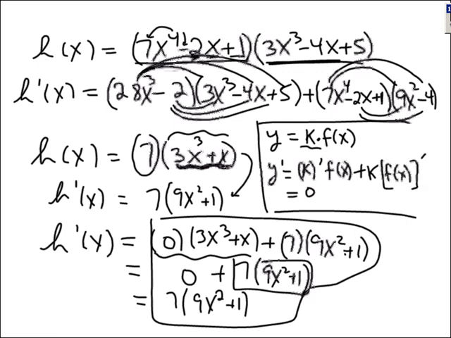The derivative of k is 0 times f of x, that's 0, plus k times f prime of x. So you get k times f prime of x. Don't use the product rule.